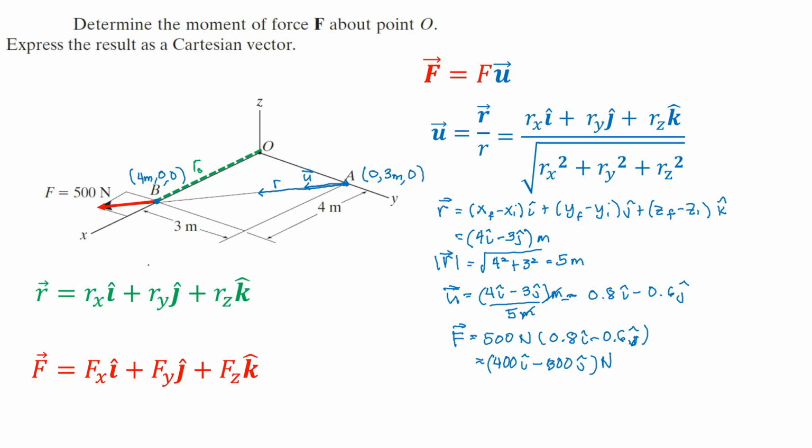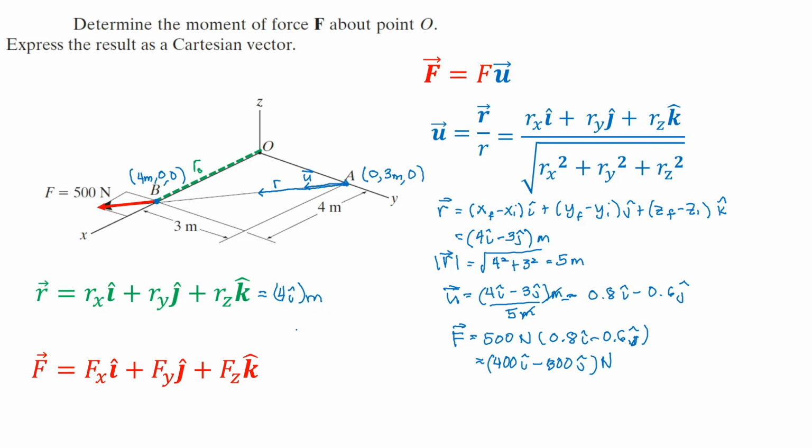This is now our force. For our moment arm, this is the distance from point O to our force, and that is only 4 meters along X, so that is 4 i hat, and the unit of that is meters.